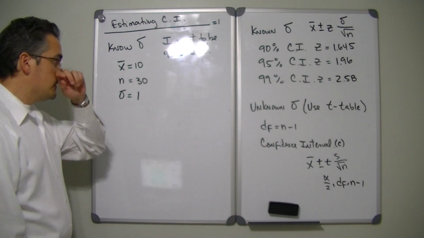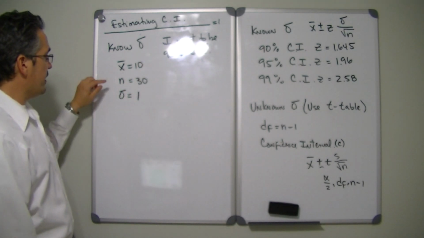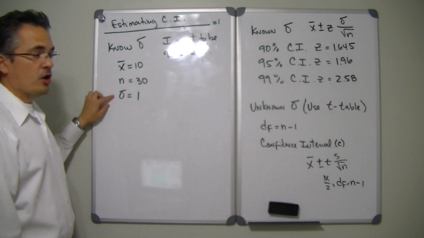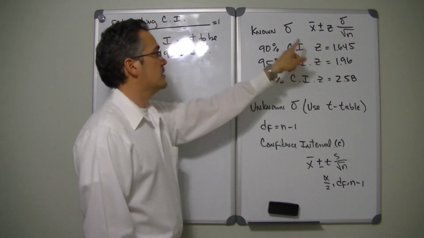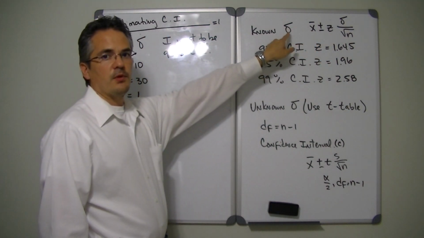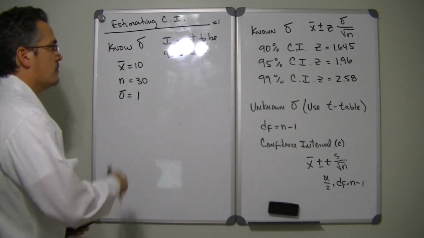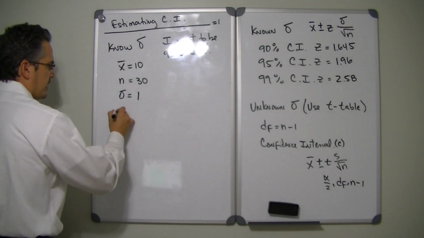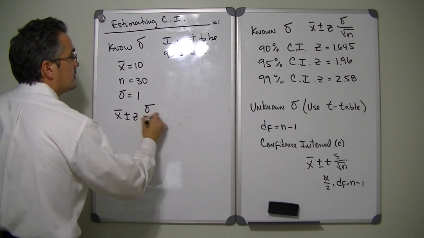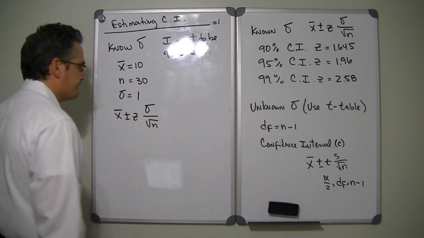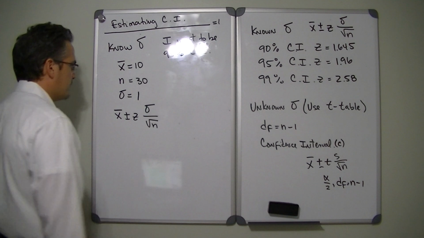Since we are given sigma, we know we're going to use the formula with z, because we have been given the population standard deviation. So I'm going to use x bar plus or minus z sigma over square root of n. And now I plug in my numbers.